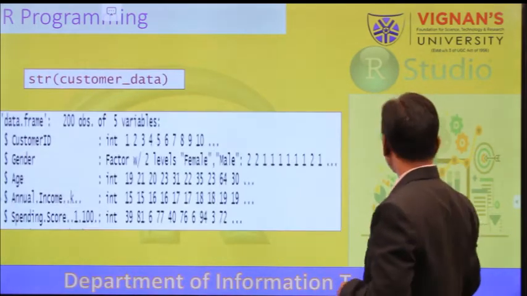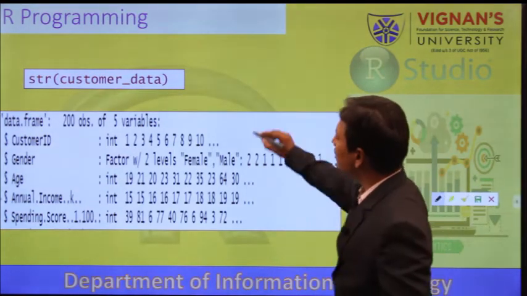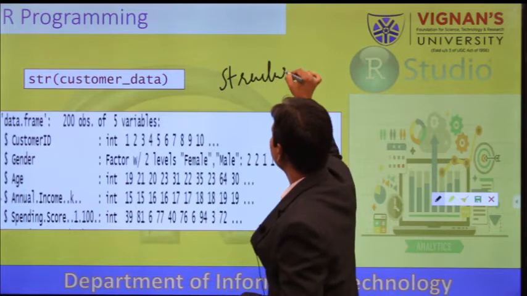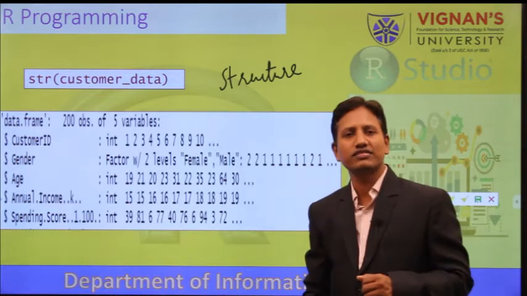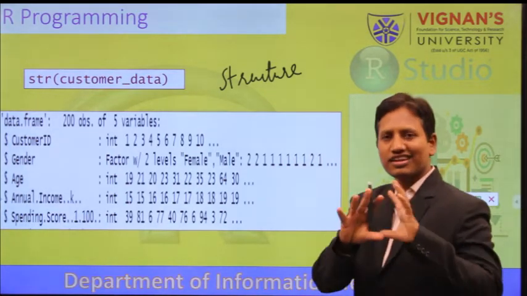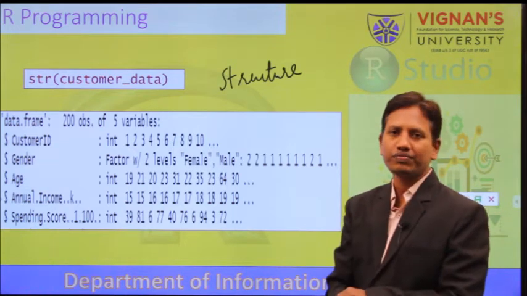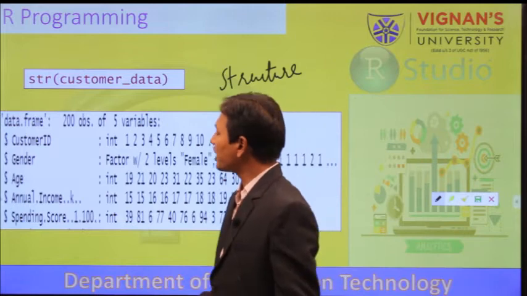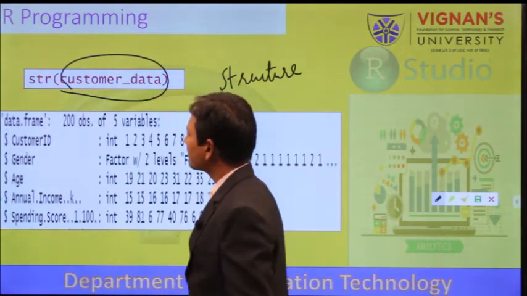Then we have another function called str. That str stands for structure. This structure function gives us the entire structure of our data or file. Here, if you observe, it shows what the type of this object is.